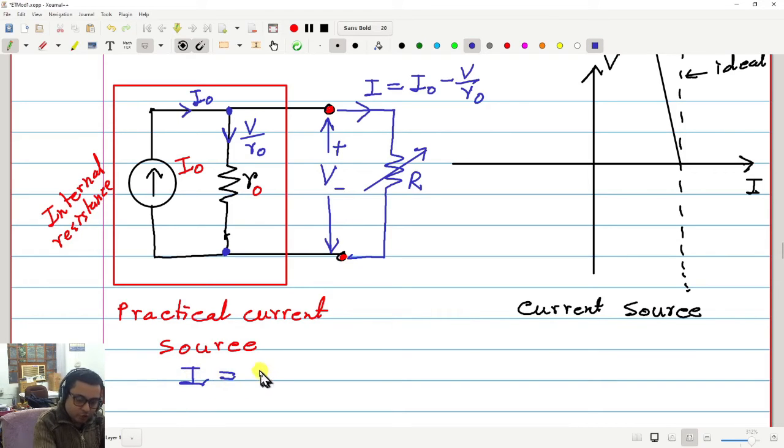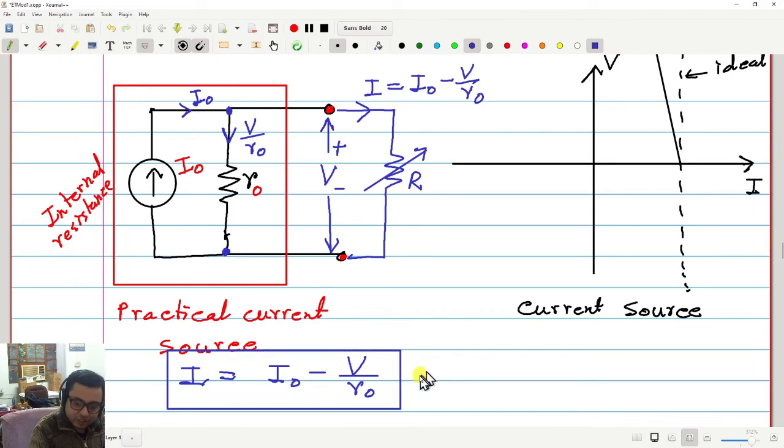You may also write by rearranging this as V is equal to, if I bring it this side, it will be I naught R naught minus I R naught.